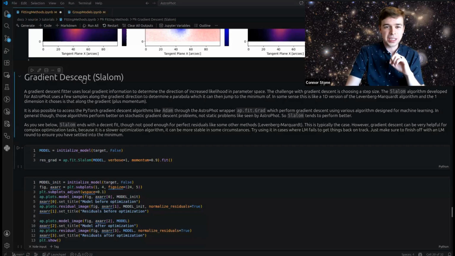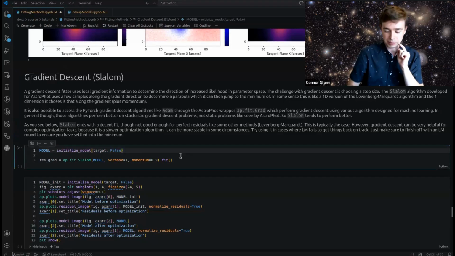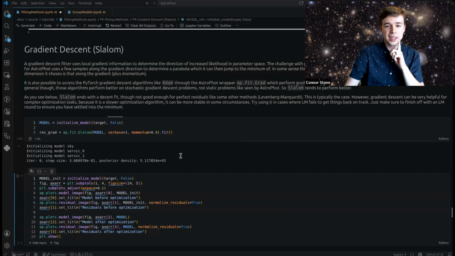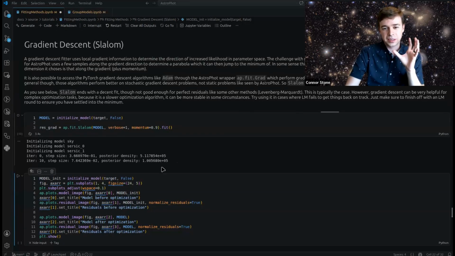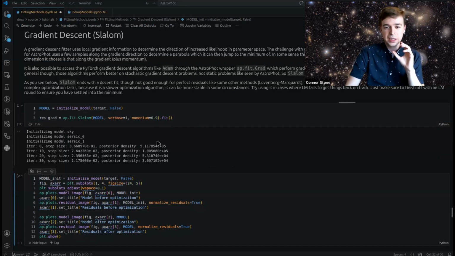For fun, I also created my own gradient descent code. It's called Slalom. It's very simple. All it does is find the gradient, take a couple of points along the gradient, fit a parabola, and jump to the minimum of the parabola. That's the whole thing. And so this one, it runs through its steps pretty quickly.